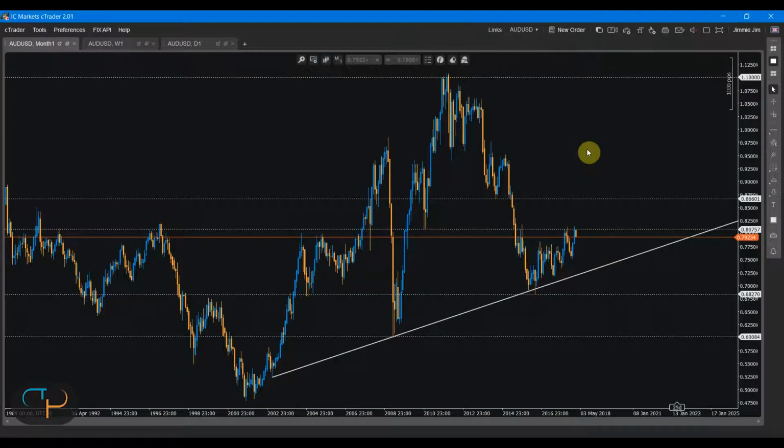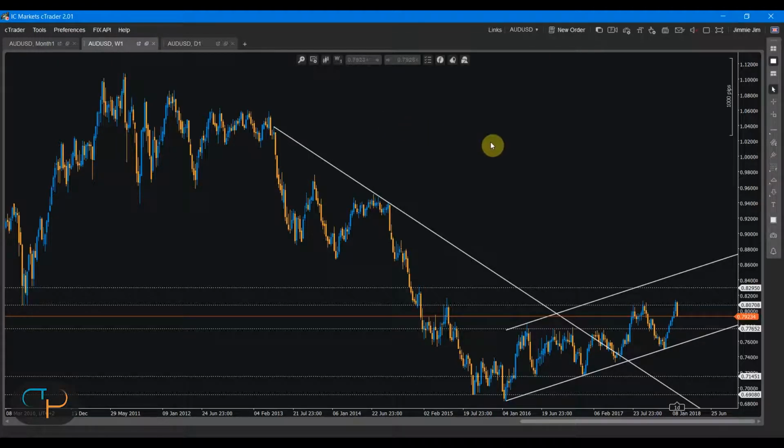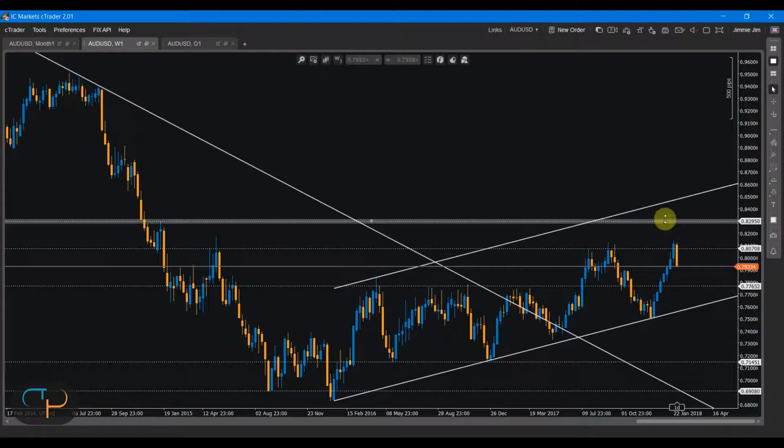Now let's check the weekly chart. If we concentrate on this last peak over here, we can say that this high is almost the same as this previous one.